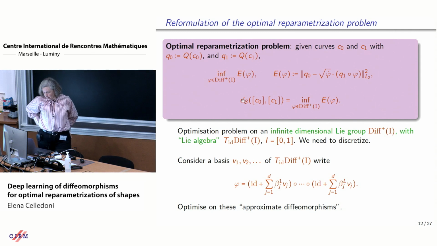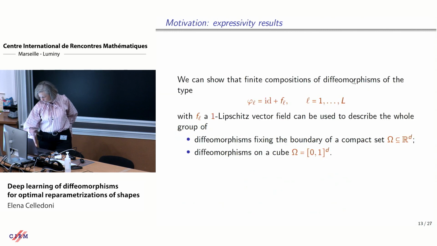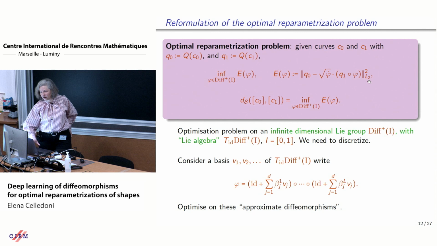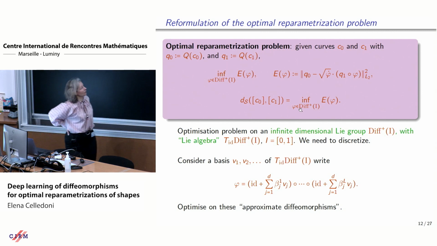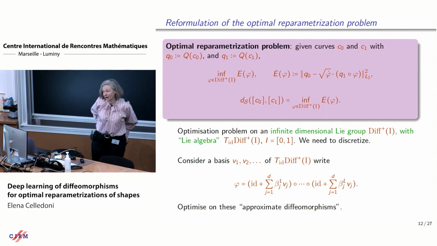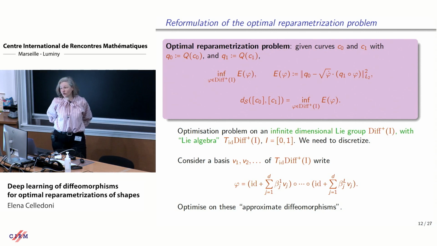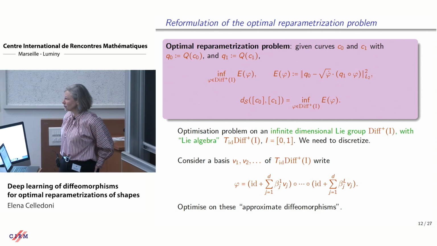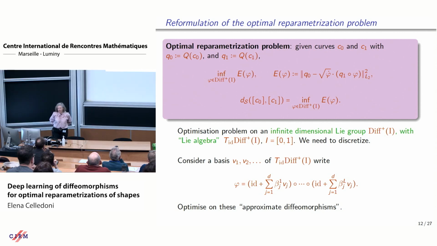So in other words, I have a cost function here, which depends just on the L2 metric. Q0 and Q1 here are the transformed curves. And I'm going to have to solve an optimization problem on the diffeomorphism group. Again, infinite dimensional Lie groups.